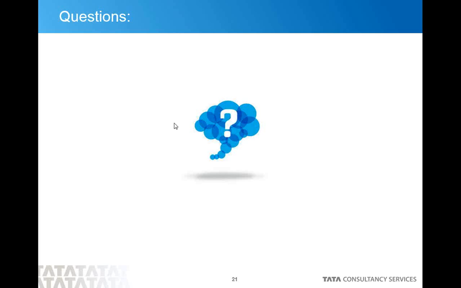Next question is from Naveen Potla. What are the parameters that we need to set to enable Blue? We have a single registry parameter that needs to be set, that is called DB2_WORKLOAD equals ANALYTICS.